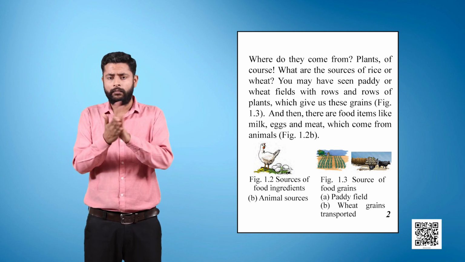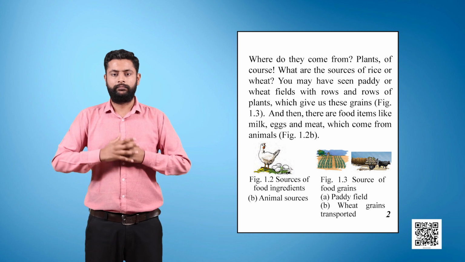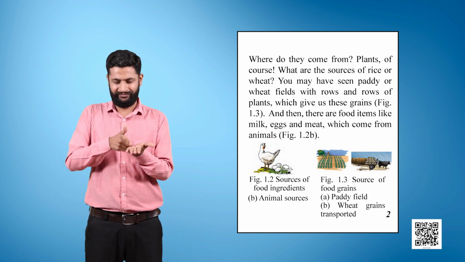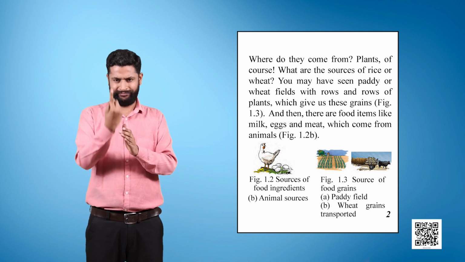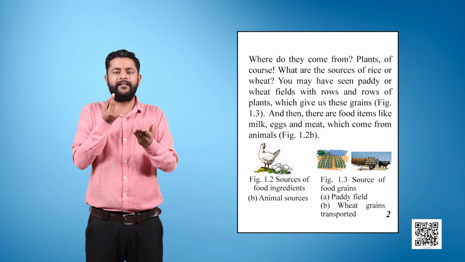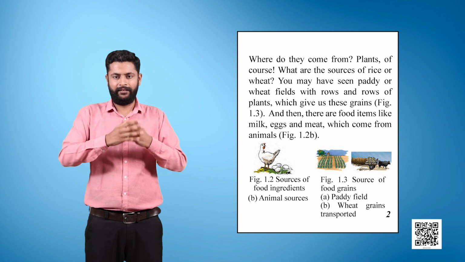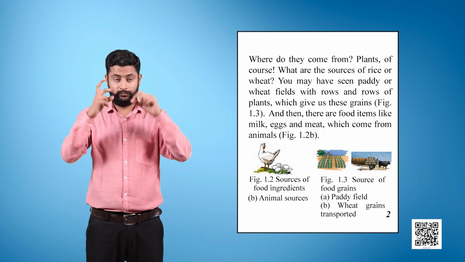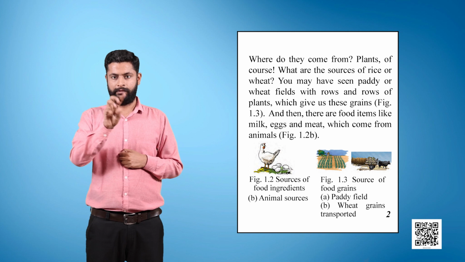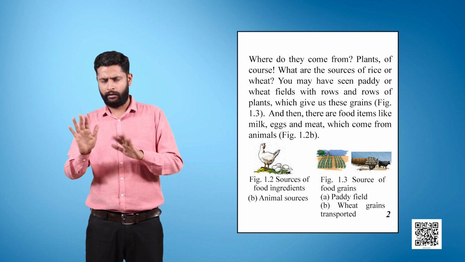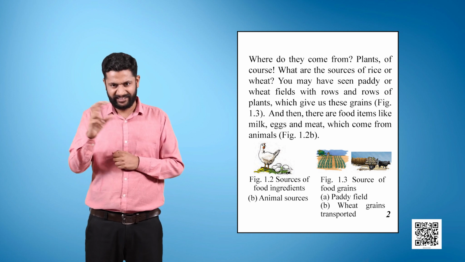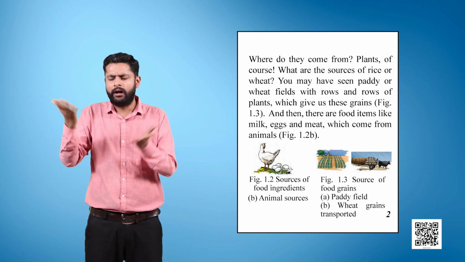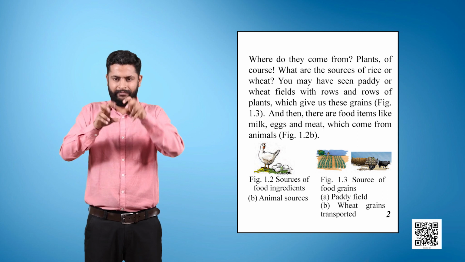What are the sources of rice or wheat? You may have seen paddy or wheat fields with rows and rows of plants, which give us these grains. Figure 1.3. And then there are food items like milk, eggs and meat which come from animals.